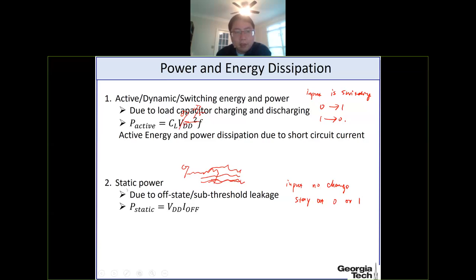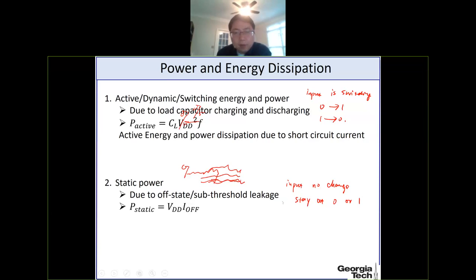And then the second part is the static power. This is due to the off-state or the subthreshold leakage current. This happens when the input has no change. For example, if the input signal stays at 0 or at 1 for a long time, so basically you are doing nothing, like the sleep mode of your cell phone.